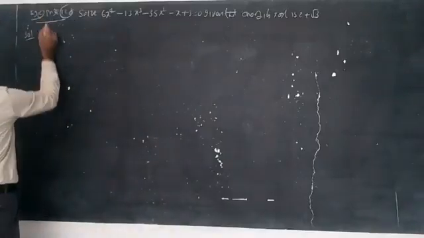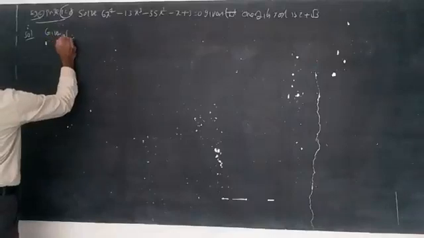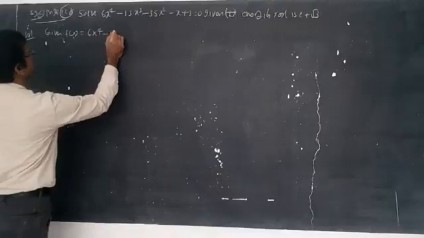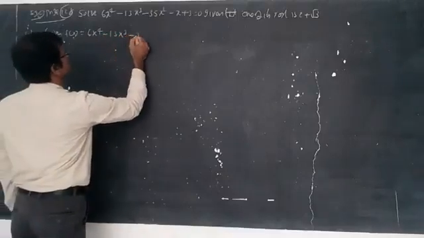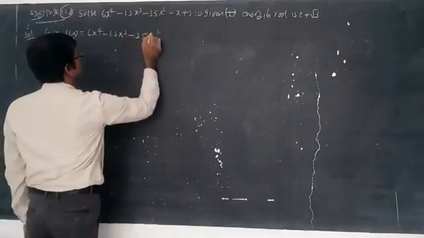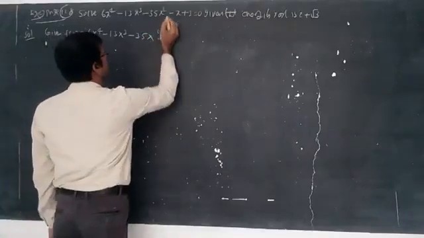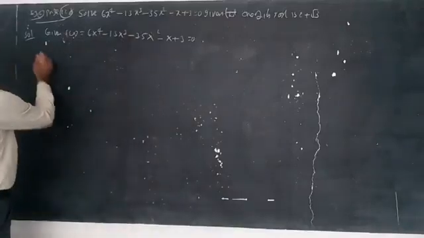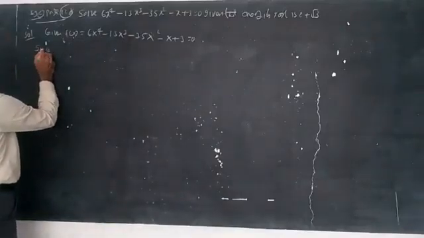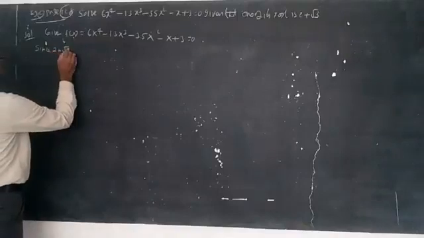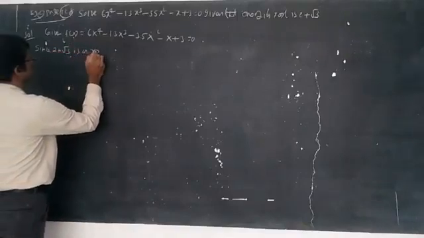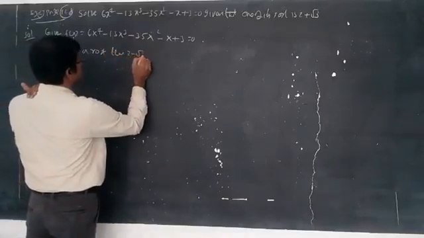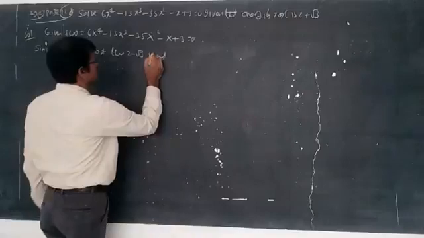Given f of x, first of all, you write: given f of x is equal to 6x power 4 minus 13x cubed plus 35x square minus x plus 3 equal to 0. Next, since 2 plus root 3 is a root, then 2 minus root 3 is also a root.